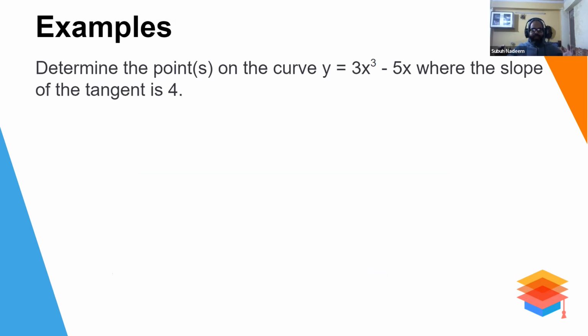Here you have to put x as 1 and get the y. Minus 2. So one point is 1 comma minus 2. This is one point. And if you put minus 1, what do you get for y?